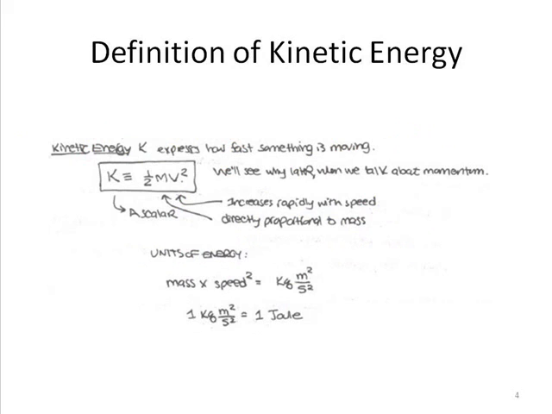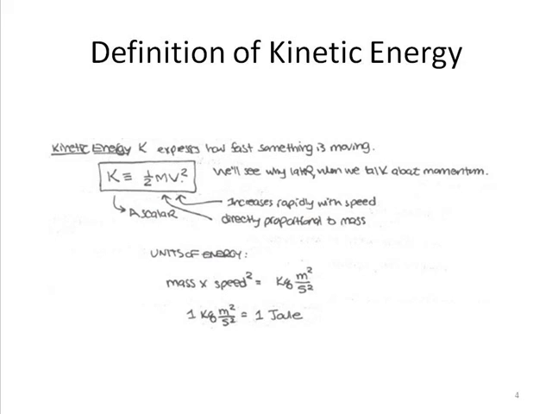In this chapter, we'll be concerned with one of 2 types of mechanical energy that are covered in this course. That's kinetic energy, which is basically a measurement of how fast something is moving. Kinetic energy is defined as 1/2 the mass times the velocity squared. Velocity squared is a scalar quantity. Since we've already defined kinetic energy to be a scalar, notice that it's directly proportional to the mass.